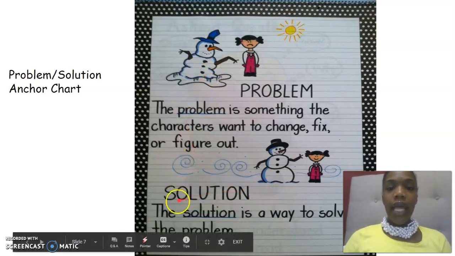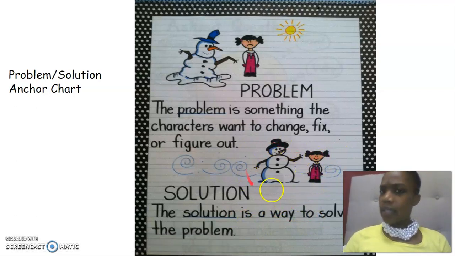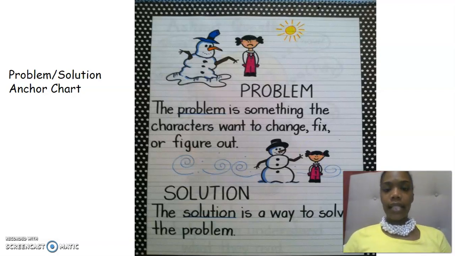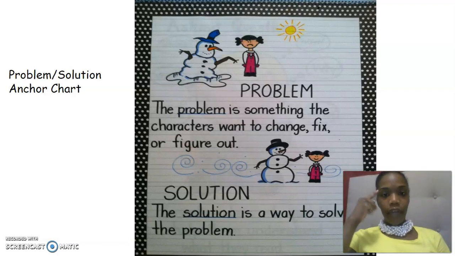So here is a solution, okay? It says the solution is a way to solve the problem. Well, she looks a little more happy here, right? And the snowman looks a little more happy too. What do you think the actual solution was? What do you think she did to fix this problem? Take a second to think about it. Finger to your temple when you have it.